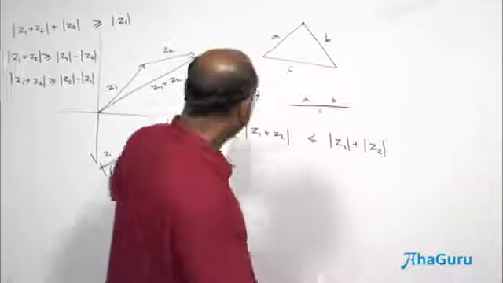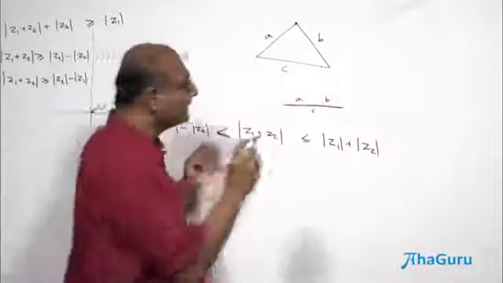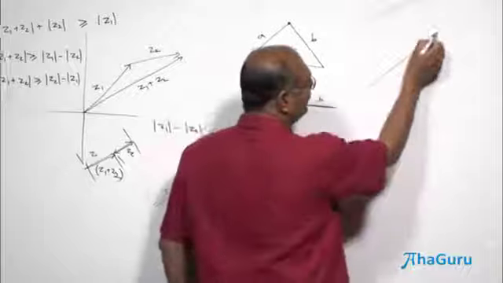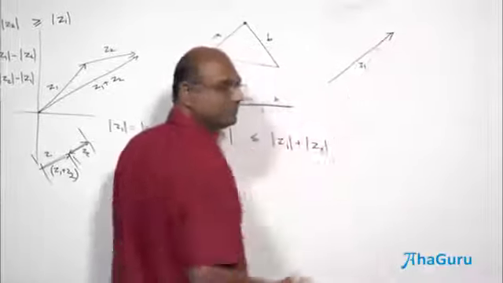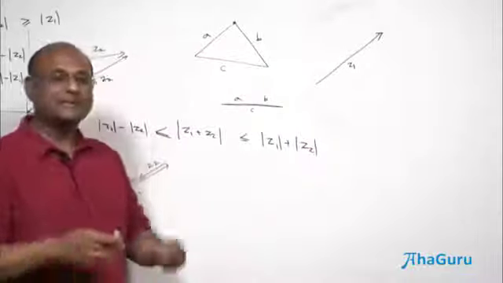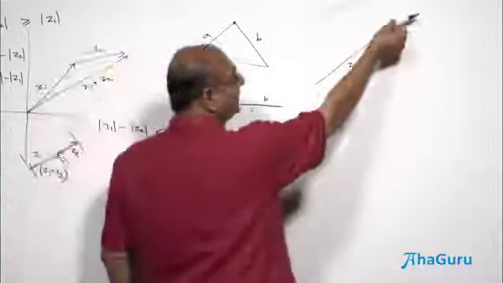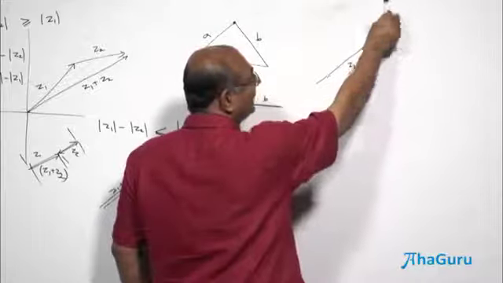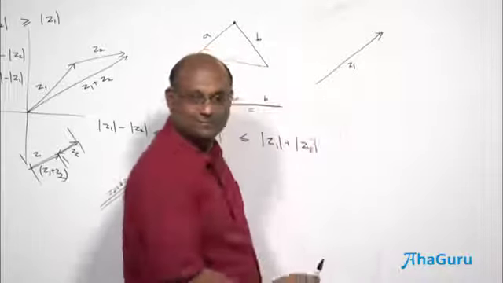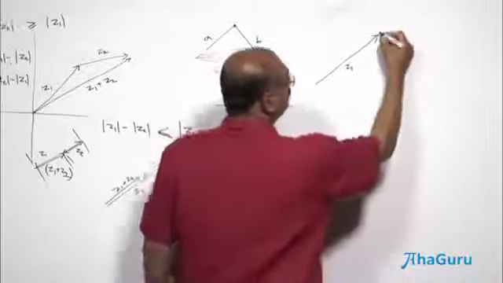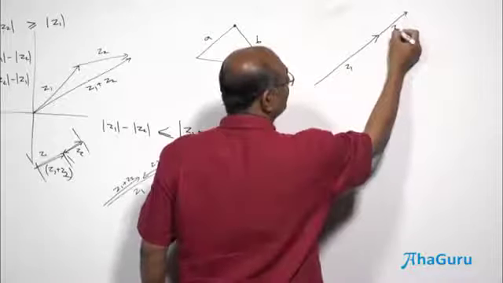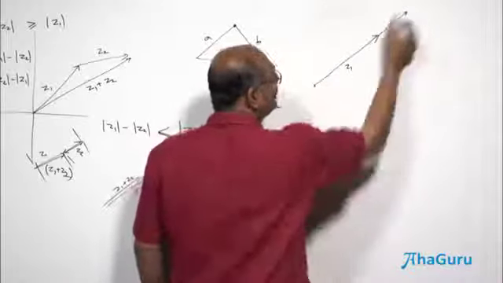Okay, so how do you understand this idea? Think of it like this. I have here Z1. Assume that Z2 is smaller than Z1. Now I can have Z2 in any direction I please. Right? So if Z2 was like that, then Z1 plus Z2 will be that long.